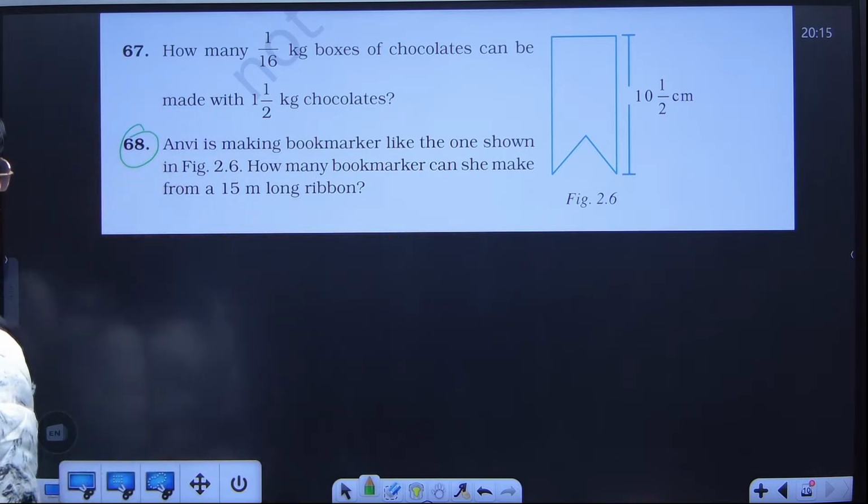Anvi is making bookmarkers like the one shown in figure 2.6.